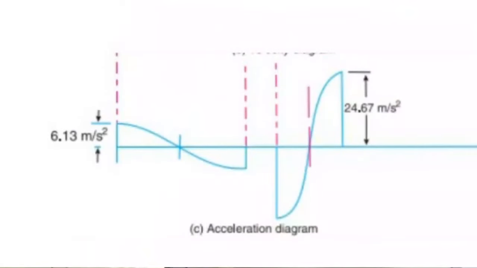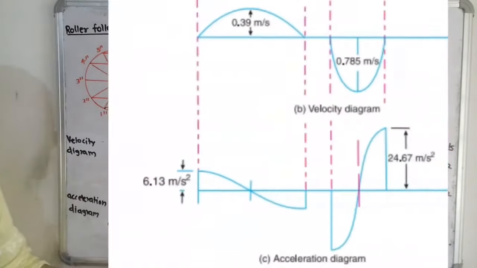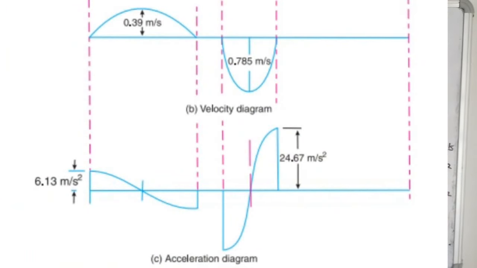So I will draw the line here. At the midpoint the value is 0. So this is the value, and I have to show here that this value is 24.67 meter per second square. This vertical line also indicates the same value. In this way the velocity diagram and acceleration diagram are completed.